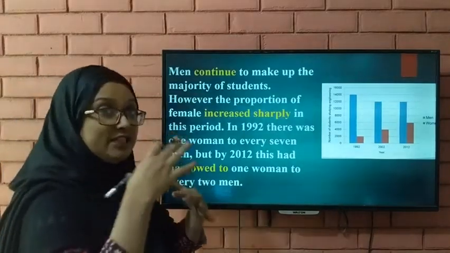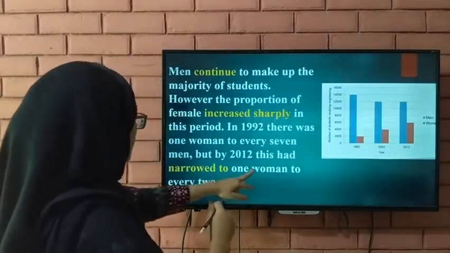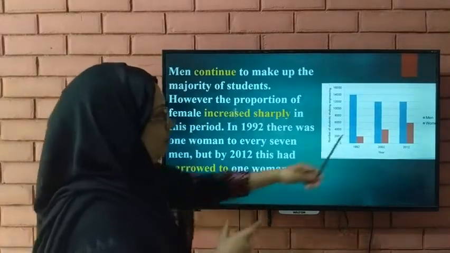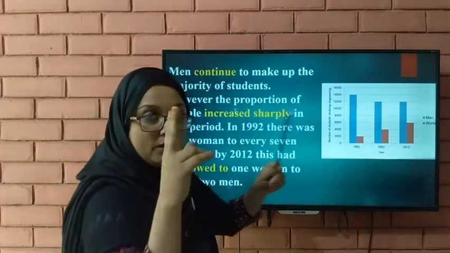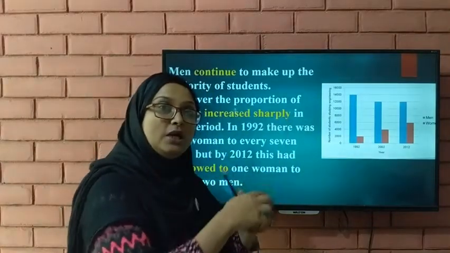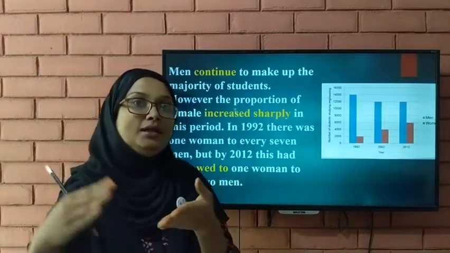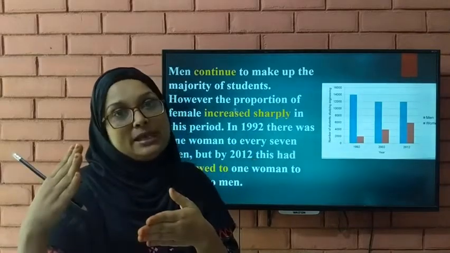And what happened after the 10 year interval? Just 1 woman, it has just increased, and here 16, 12. That means what happened? 1:2. What was 1:2? That means 1 is female and 2 is male.